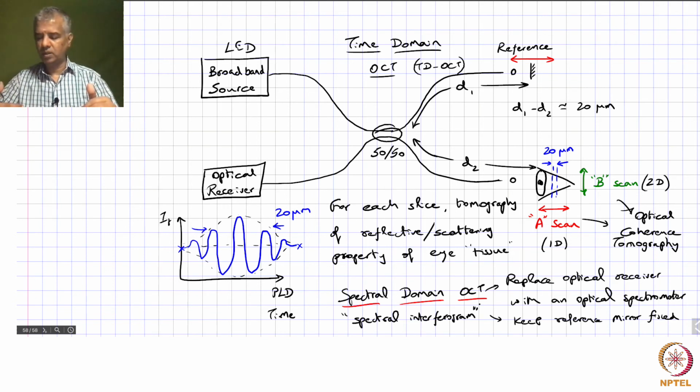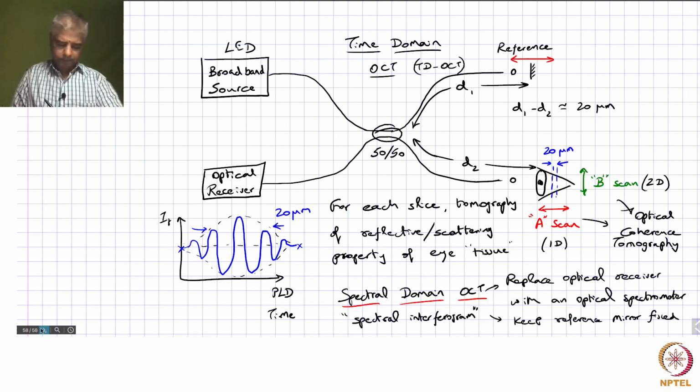But with this spectral domain OCT, you potentially have a way of speeding up this entire tomography by an order of magnitude. Okay, so that is a very nice way of using a low coherence source for an application.